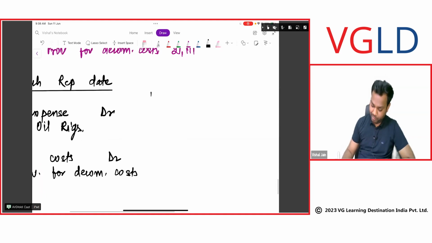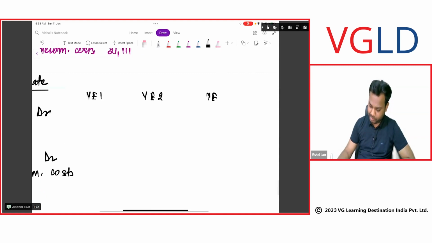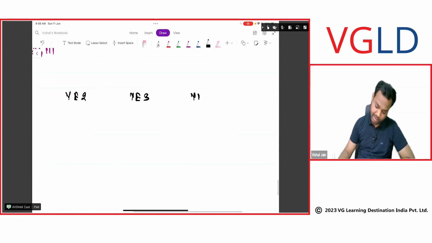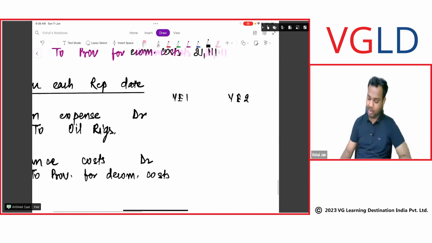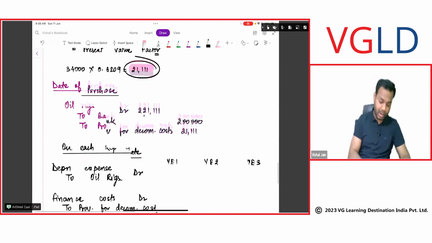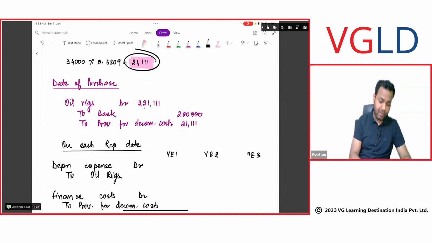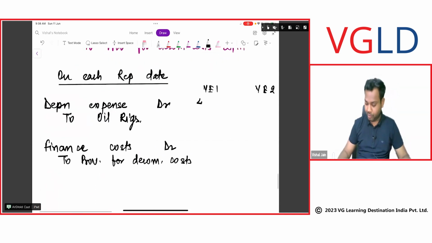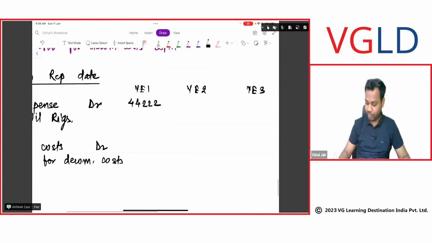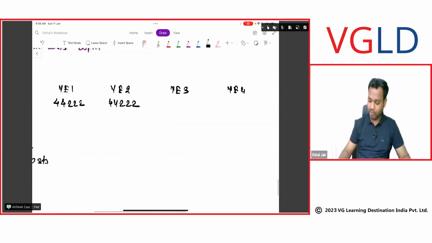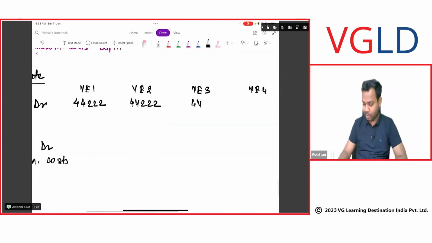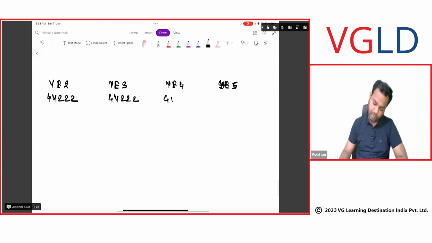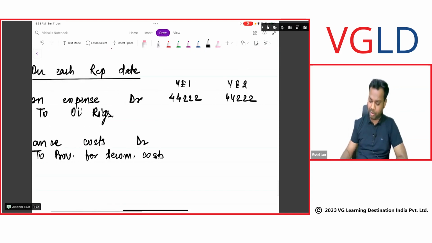So at year end 1, year end 2, year end 3, year end 4, and year end 5, what is the depreciation amount? 221,111 divided by 5 is 44,222, every year.